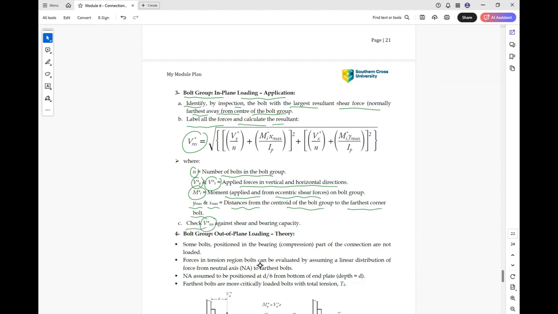Check V resultant star against the shear and bearing capacity of the bolt. So the idea is for a group, we find the resultant star and compare it to phi Vf or phi Vb, depending on the type of force.